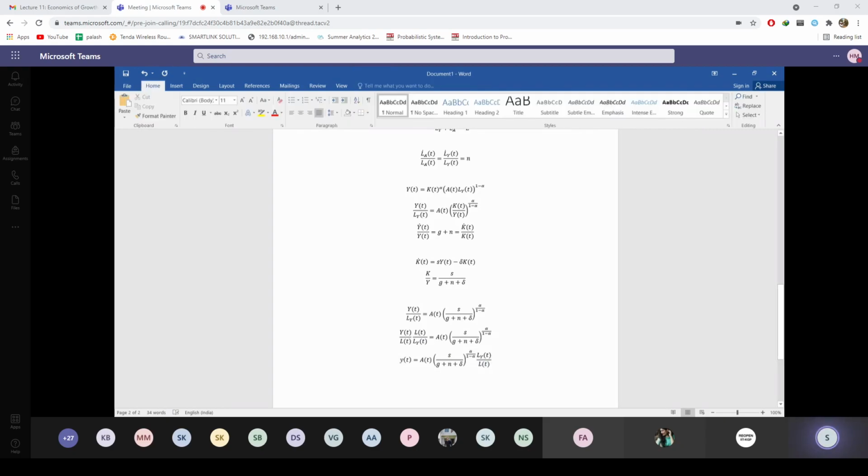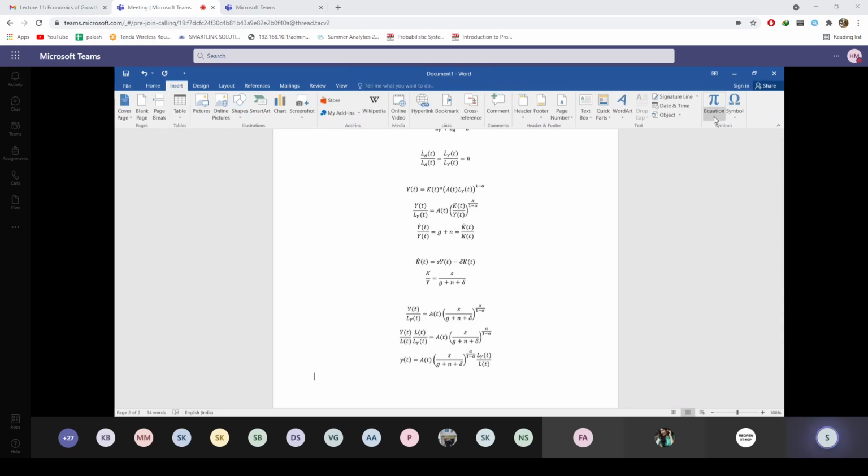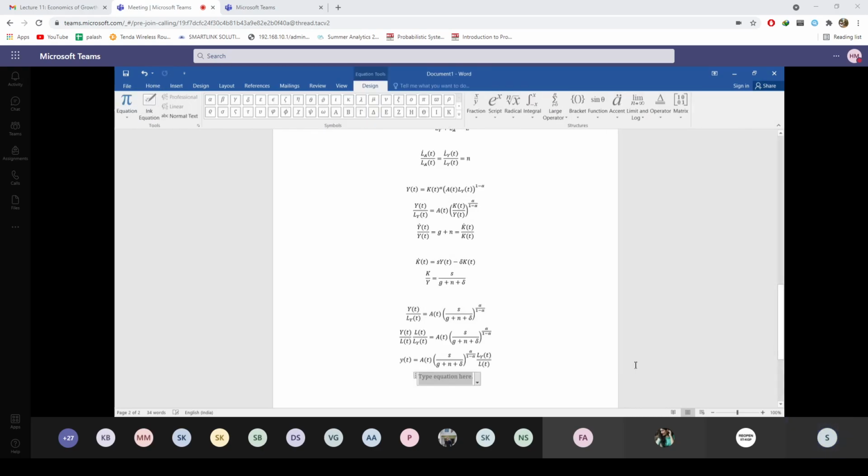And the last step I will write y_T equals capital A_T into this term into, in the bracket, this L_Y divided by L_T.